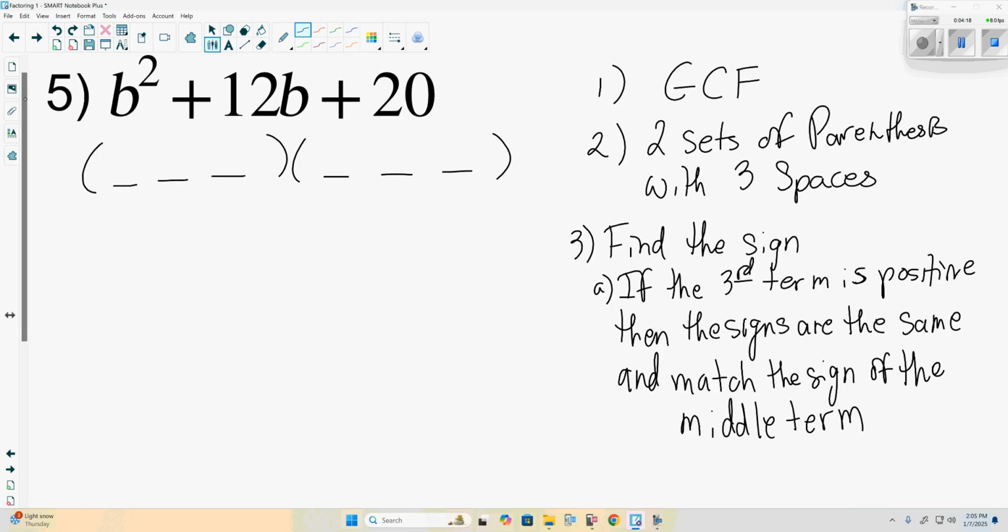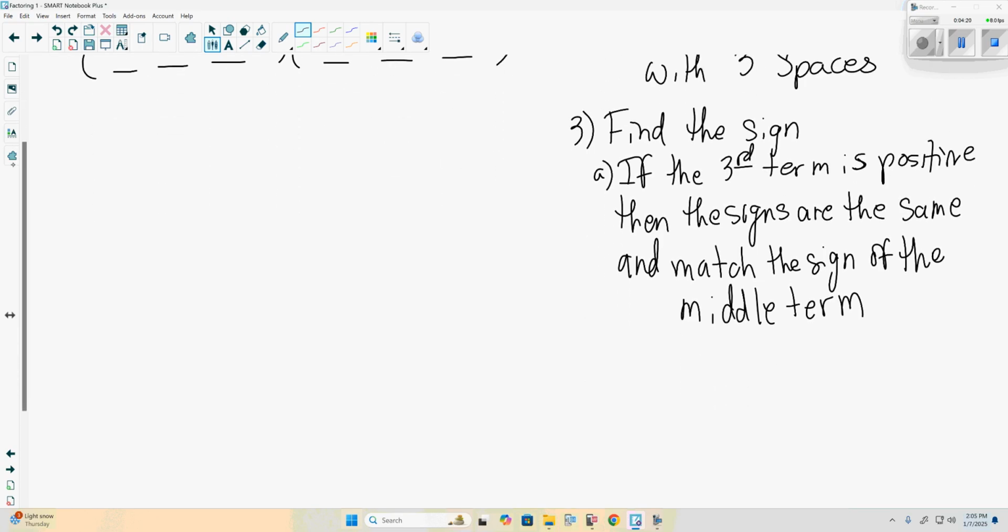Step number 3, find the signs. If the third term is positive, then the signs are the same and match the sign of the middle term. If the third term is negative, then the signs are opposite.